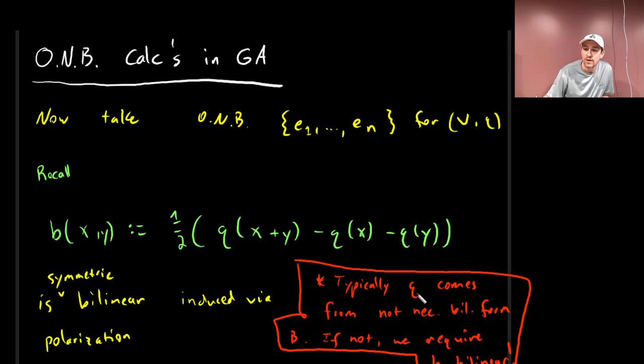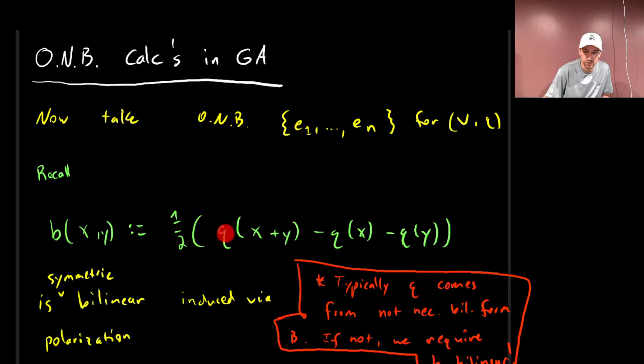So Q usually comes from some sort of bilinear form that isn't necessarily symmetric, so I'm calling that capital B. If Q is coming from some bilinear form, capital B, where Q of X is equal to capital B of X comma X, then we do actually have to require for Q that this induced B be bilinear.